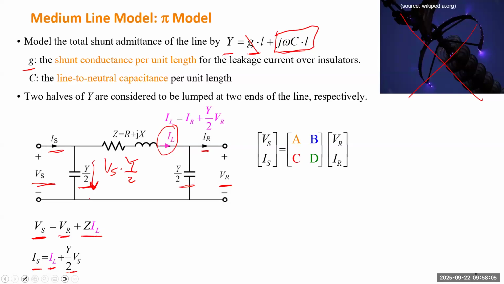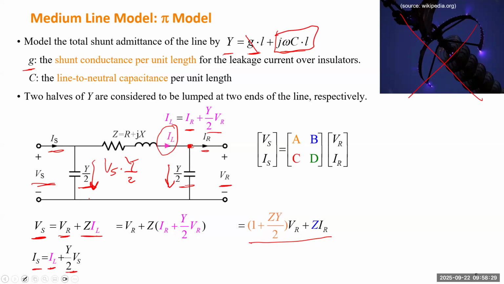Then from Kirchhoff's current law, the line current is equal to the load current plus the current going to the second shunt branch. So we get the first formula, and after some simplification we have the equation for the source voltage.